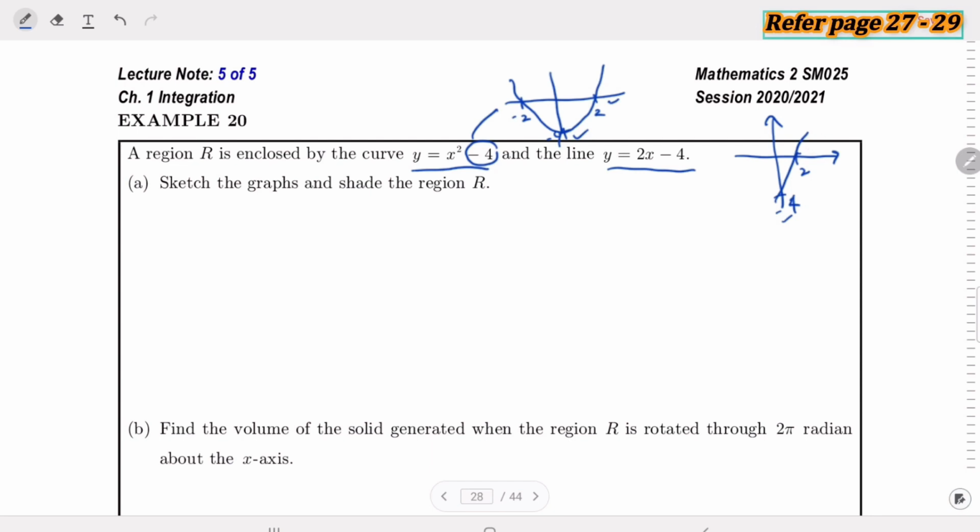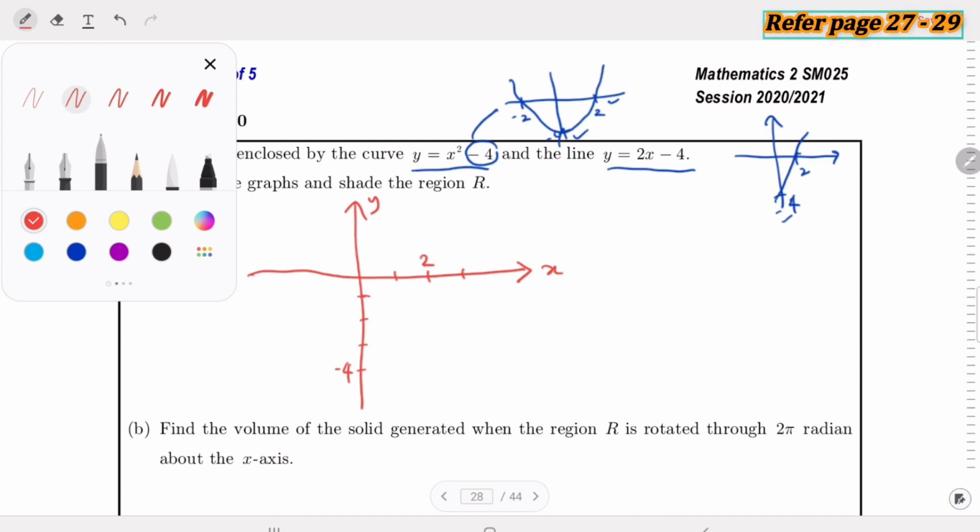So let's sketch the graph. I draw the y-axis, and then the x-axis. We know it hits -4 and 2, so 1, 2, 3, 4, somewhere here is -4, and 1, 2, 3, here is 2.